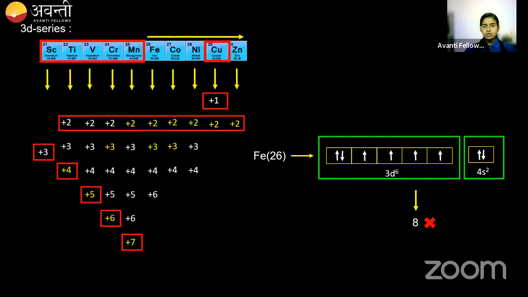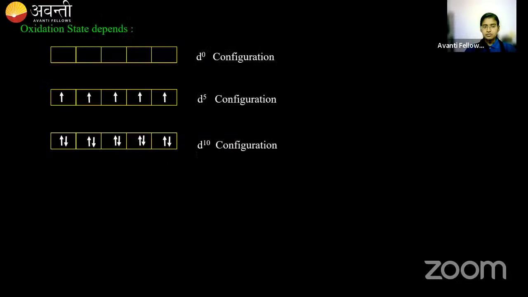Next, coming to the stable oxidation state, or oxidation state dependency. The oxidation state depends on the number of electrons present inside the d orbital.